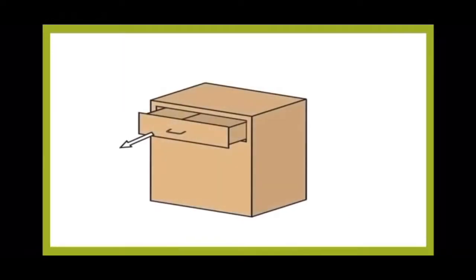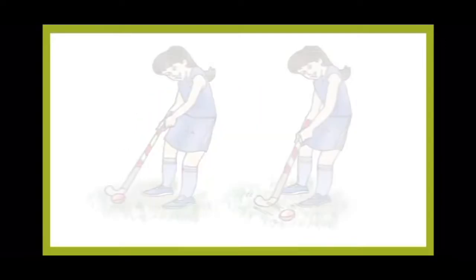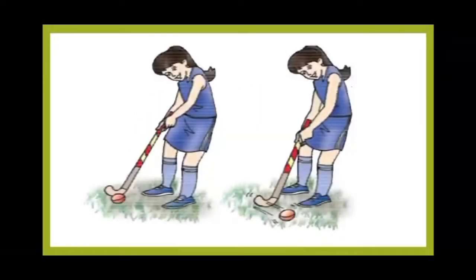See another example. Here we are applying a pull on the drawer, and due to this pull, the drawer got opened. In this image, the hockey ball is stationary initially, and when the girl is kicking that ball with her hockey stick, the ball will move. That means a hit or a force is able to make a stationary object move.